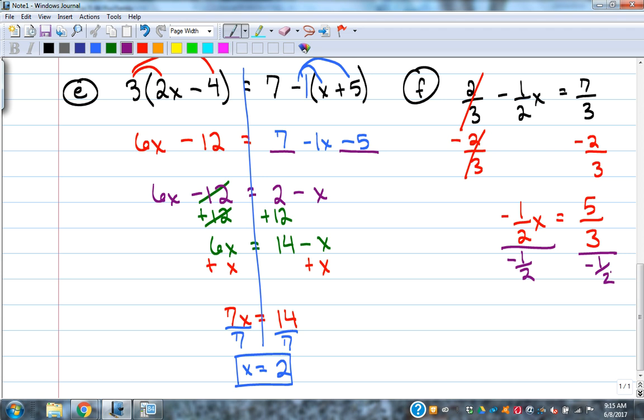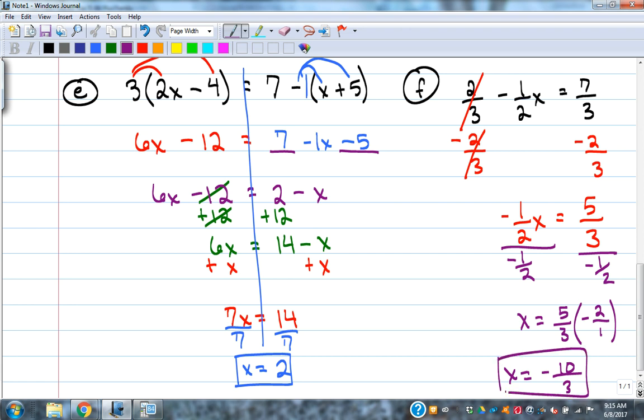And dividing by a fraction is the same thing as multiplying by its reciprocal, which means flip it over and multiply. So if you did that, that's 5/3 times negative 2/1. All right. And then multiply straight across. 5 times 2 is 10, over 3, and it's negative.